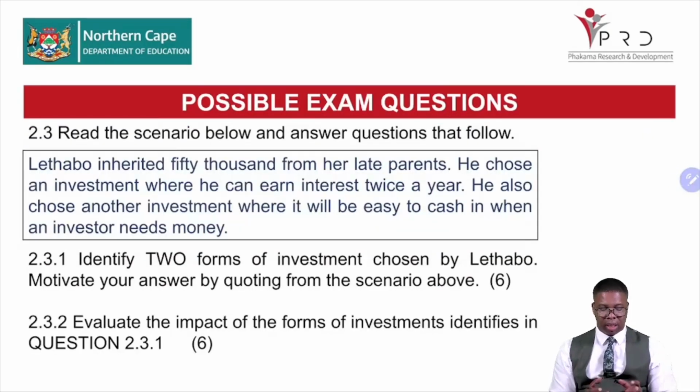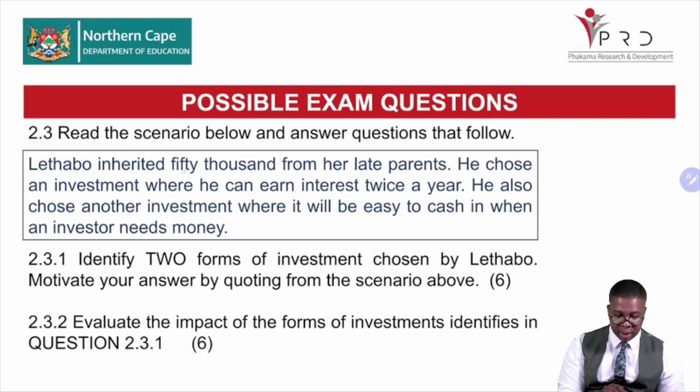Then as we proceed, let us look into a possible exam question around the forms of investment. 2.3 requires of you to read the scenario below and answer questions that follow. The scenario says Lebu inherited 50,000 from her late parents. And she chose an investment where she can earn interest twice a year.